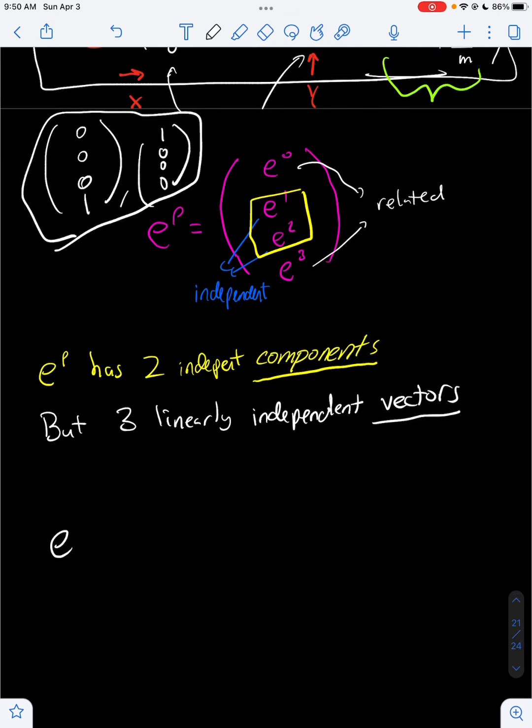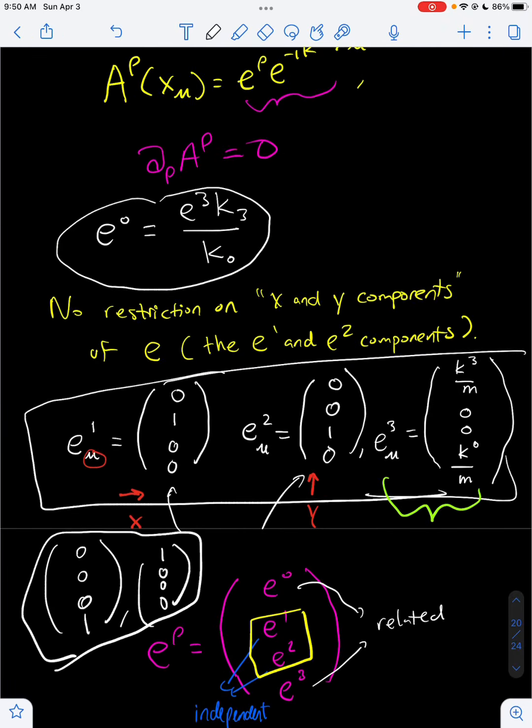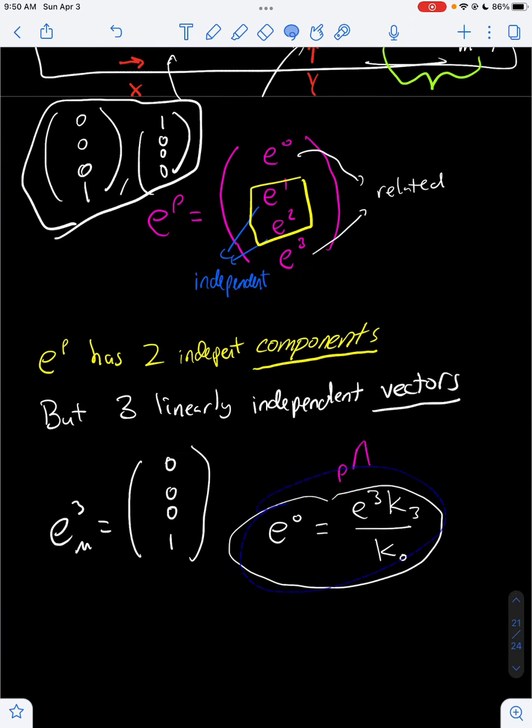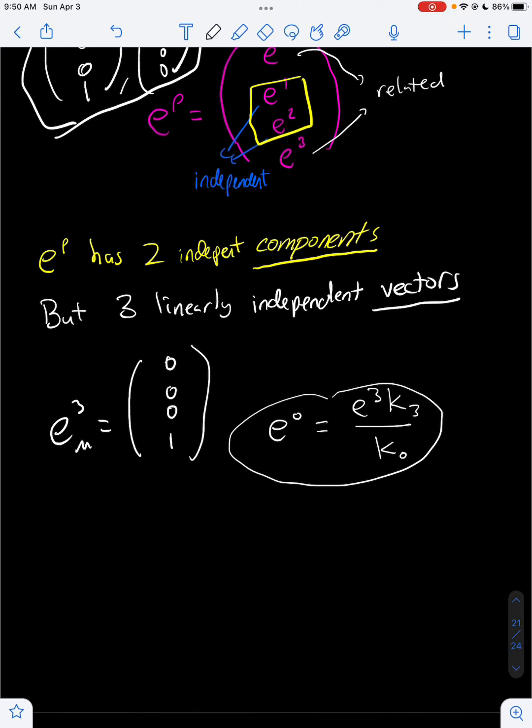Some hypothetical E3 would be 0, 0, 0, 1. And here is our condition. E0 is 0 and E3 is 1, since recall this is E0, E1, E2, and E3.